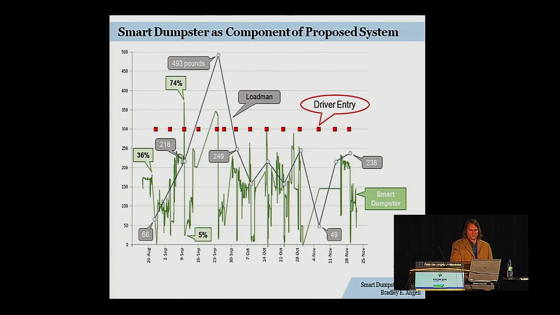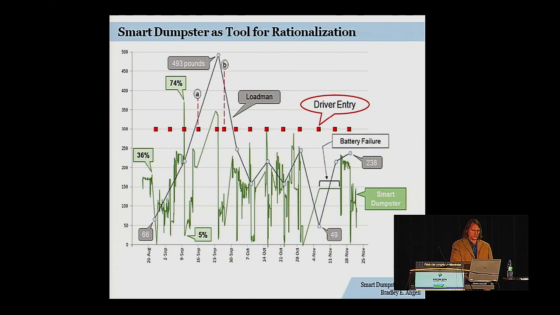What I thought was great about this is that we actually start picking up mistakes. The red square dots across the middle are our driver logs. The driver will go and, in an Excel spreadsheet, mark which dumpsters they've hit, and I know from each dumpster, which is labeled specifically, that that's when they picked them up.